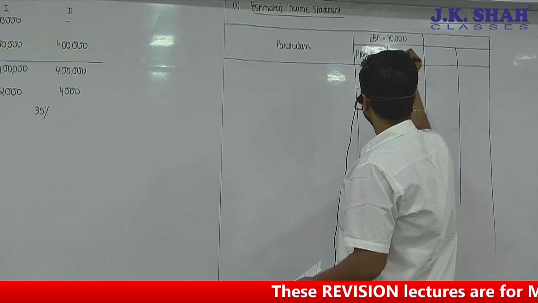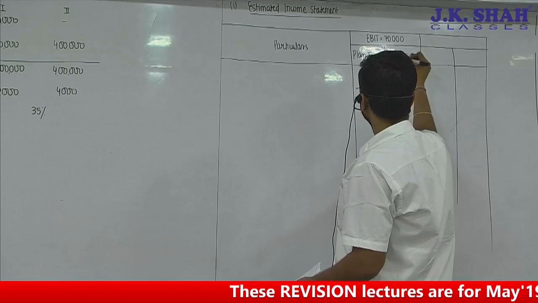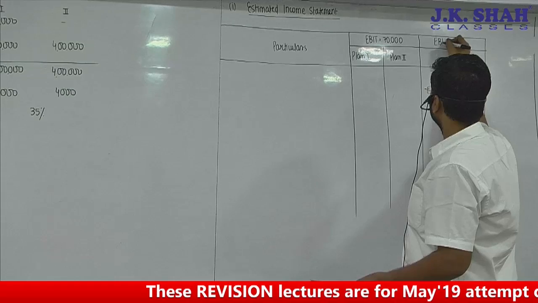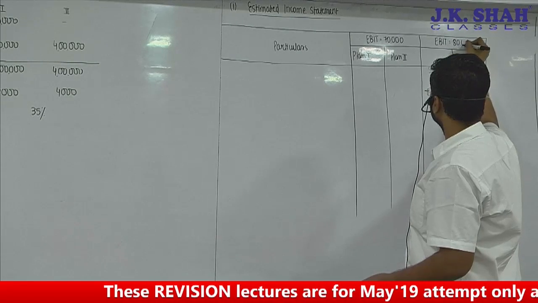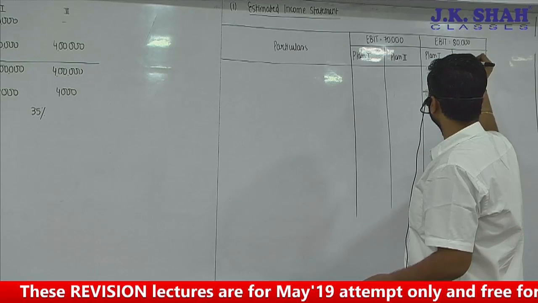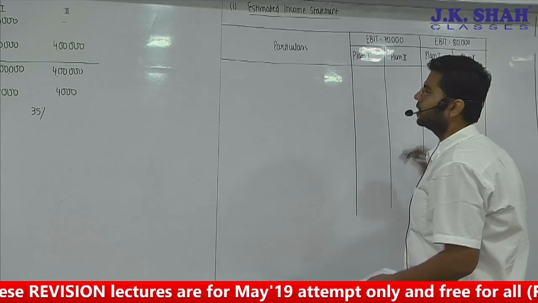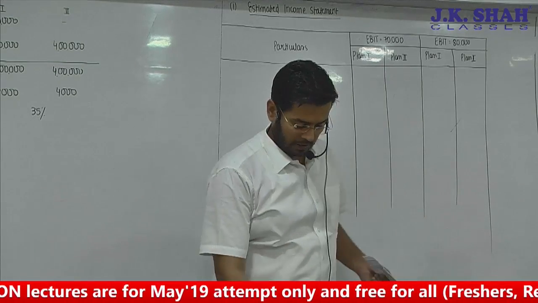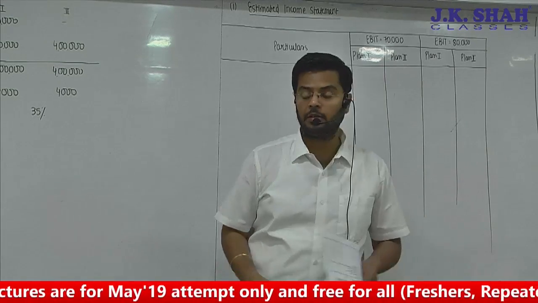Plan 1 or plan 2? If I assume EBIT of, say, rupees 80,000, then which plan should I select? Plan 1 or plan 2? That is what we need to answer, and that is possible by preparing an income statement.